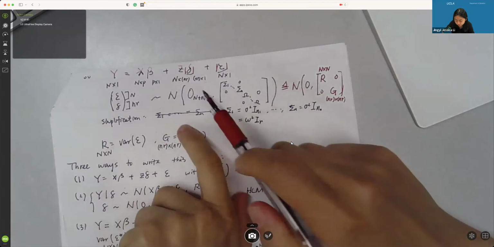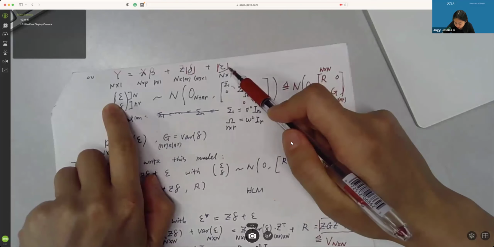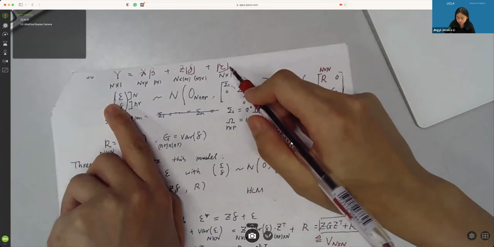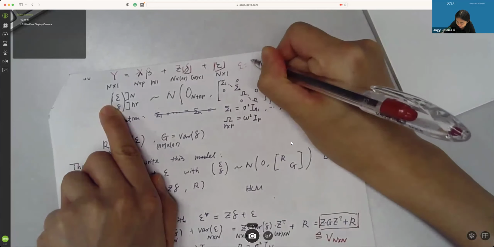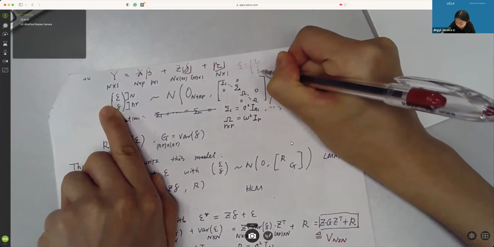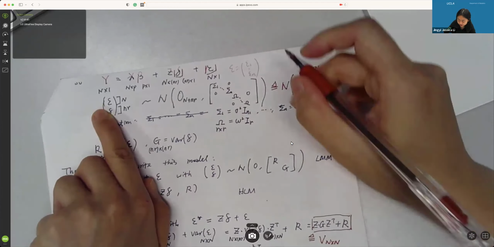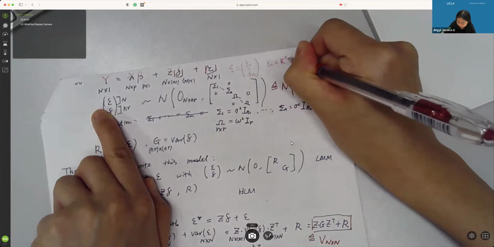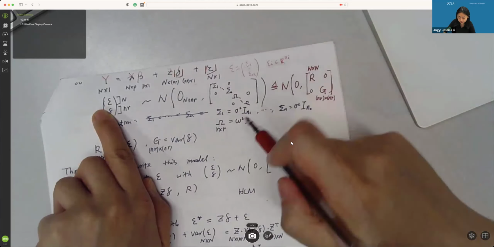And previously, we said that we have small n epsilons, epsilon 1 to epsilon n, and epsilon i is n_i dimensional. That's how we derive this.